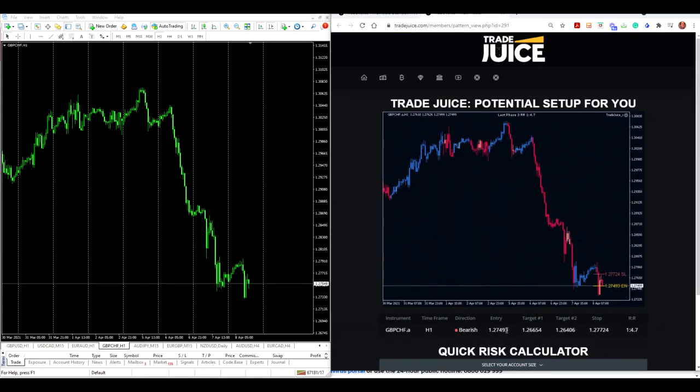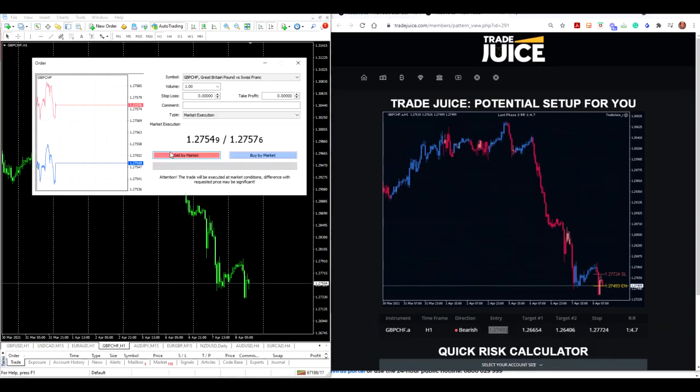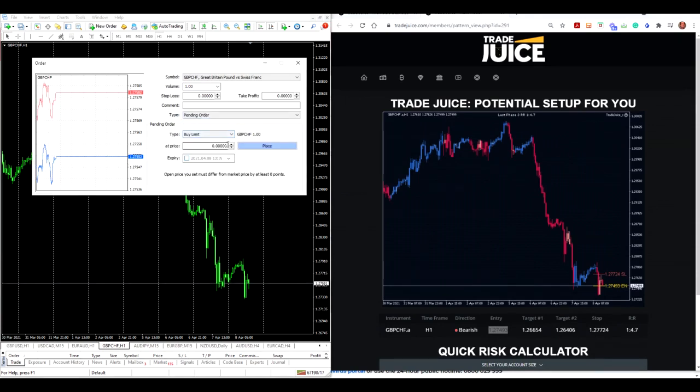What I'm going to do then is simply set the entry point. Because price has not yet reached that point, as opposed to a market execution, or immediate execution, I'm going to enter a pending order, and I'm going to go short. So I'm going to put in a sell stop, which means that once price hits that level, somewhere down here, then I will be in the trade.